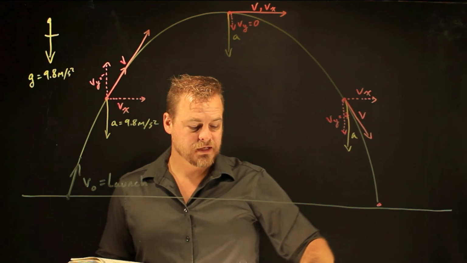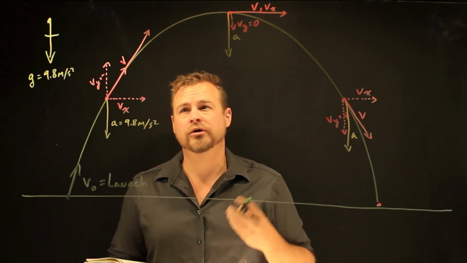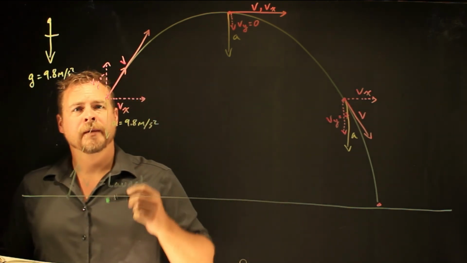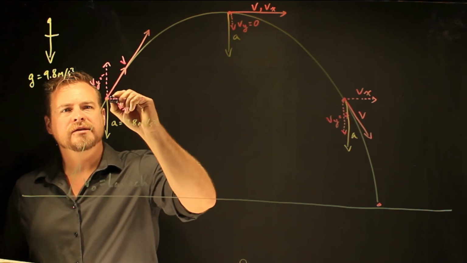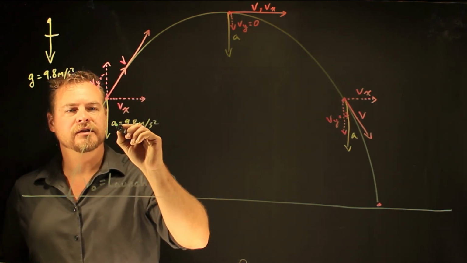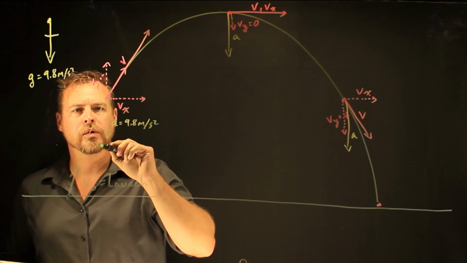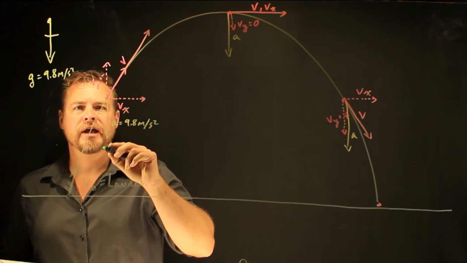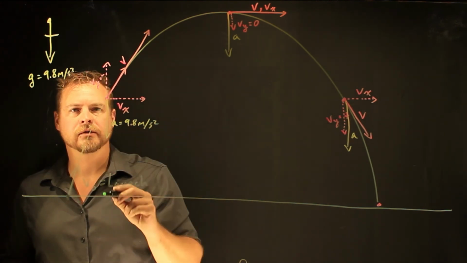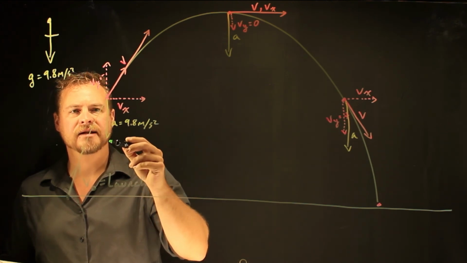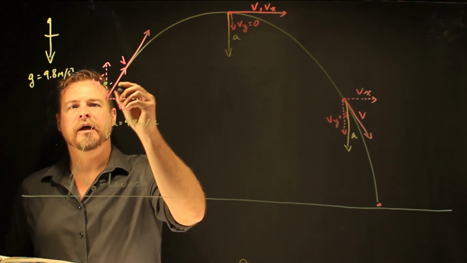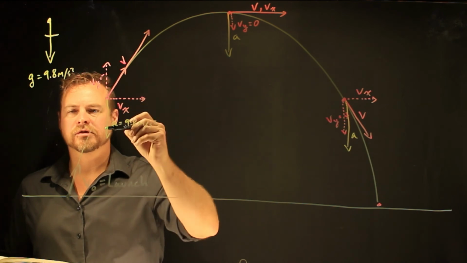Now what you're going to see, and then we'll talk about the nature of projectile motion, is that the y dimension velocity here is opposite of the acceleration. When we looked at the change in velocity, which is really the acceleration, and the change in velocity was anti-parallel to a vector, it slowed it down.